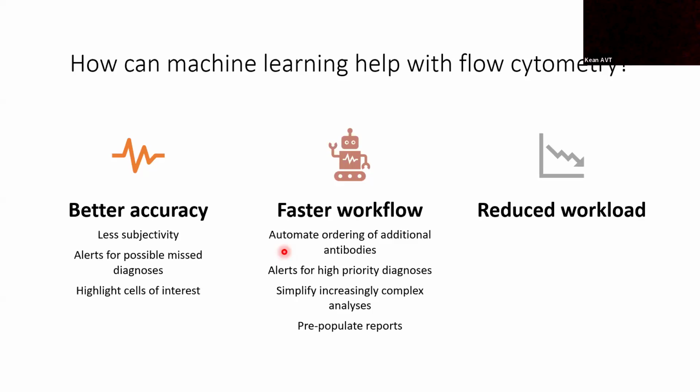And it could help simplify increasingly complex analyses and maybe pre-populate reports for us. And hopefully this all also results in a reduced workload. For some reason, people don't really seem to think that it will result in a shorter work week.